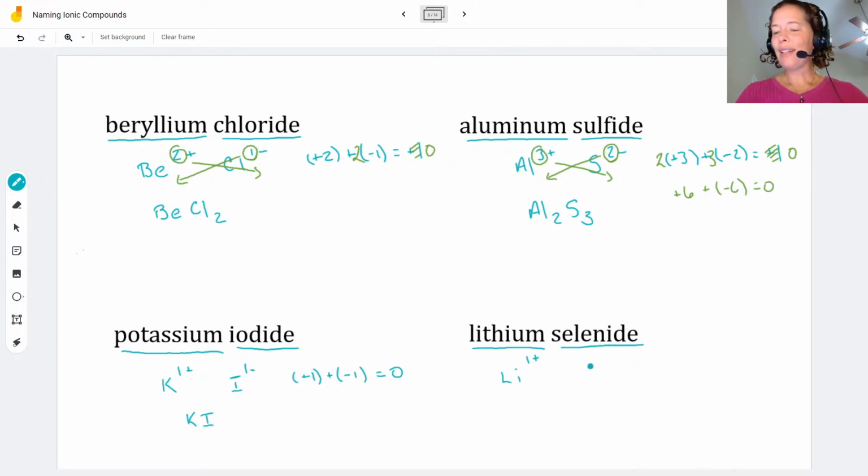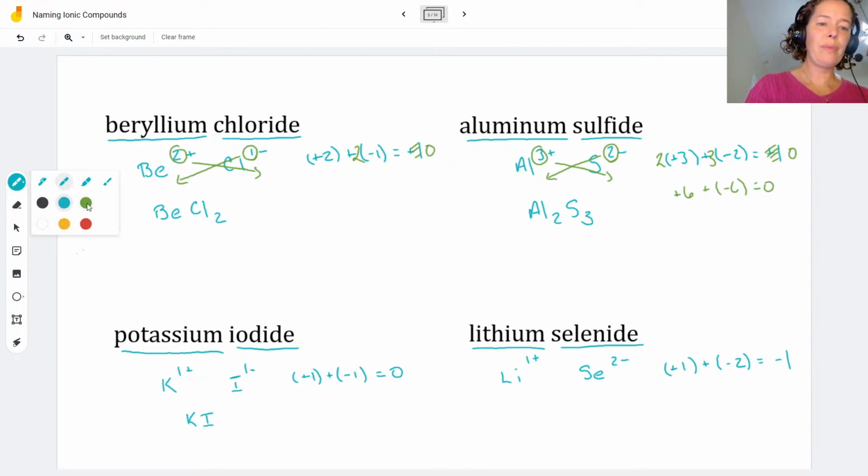If you find selenium, it's under sulfur, which is under oxygen. So when selenium becomes an anion, it has a charge of -2. So let's see where we are with our charges. We have a +1 from the lithium plus a -2 from the selenium, and this is going to give us -1, so we need more positive charge.